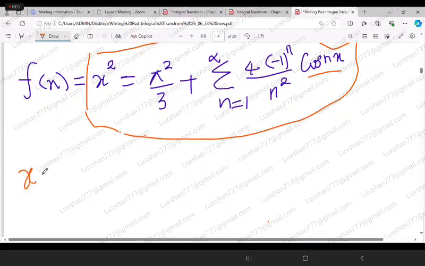So think, if you put x equal to pi, what will happen?